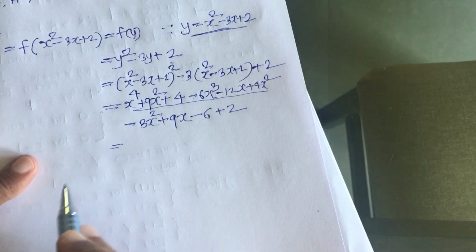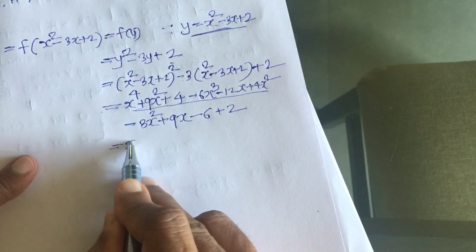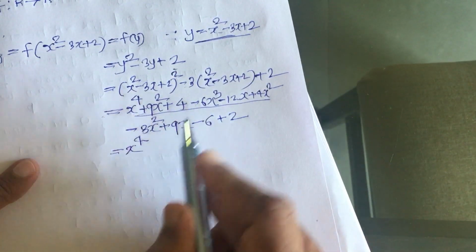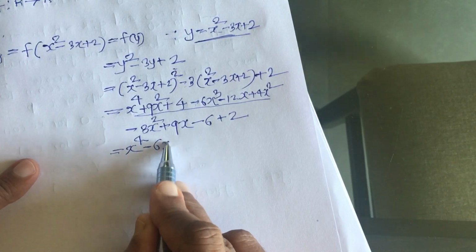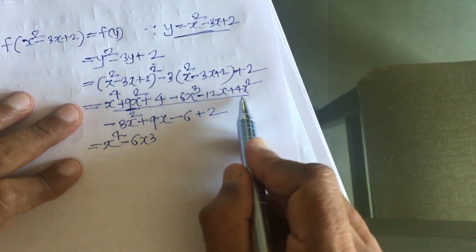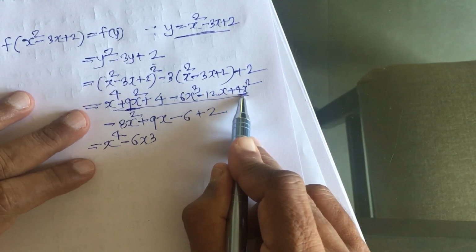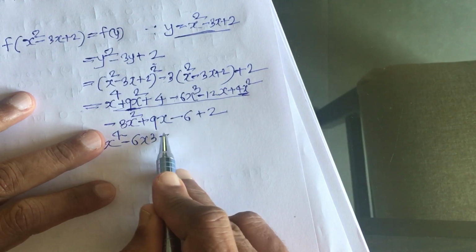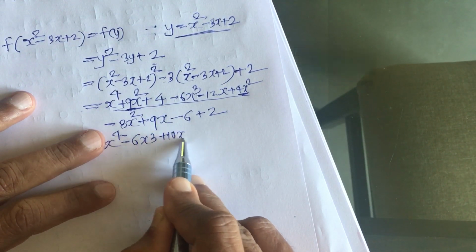Add all these. First of all, x raised to 4, after that minus 6x cube, and see here 9x square, 4x square is 13x square, minus 3x square means it is plus 10x square.